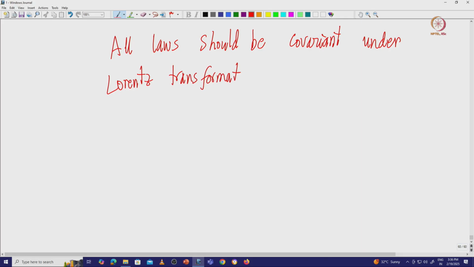Covariant means they do not change their form under Lorentz transformations, so that they are consistent with the tenets of special theory of relativity. So the laws, the equations of motion, should always be covariant under Lorentz transformations essentially.